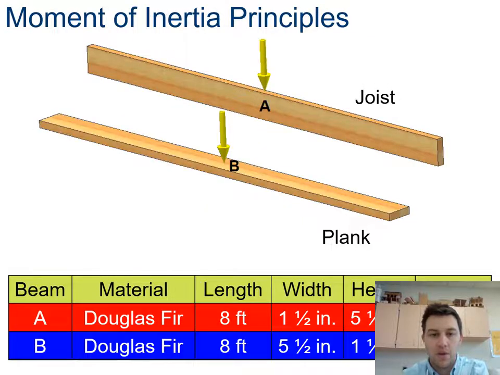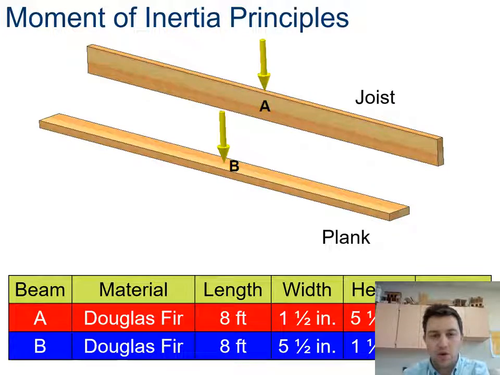So if I look at the exact same wood board here, made out of Douglas fir, 8 feet long, and it's a 2x6. The 2x6 is actually 1.5 by 5.5. This 2x6 in configuration A is on its end, so it's vertical, and in configuration B, it's on its side.